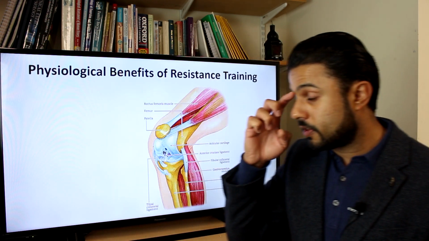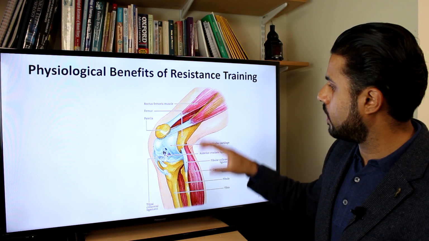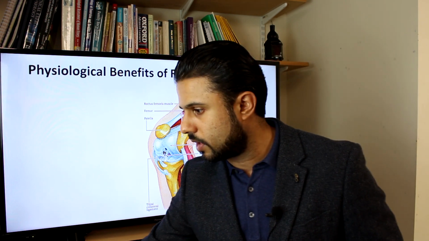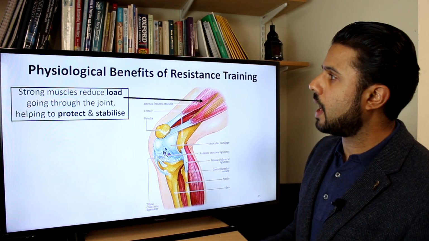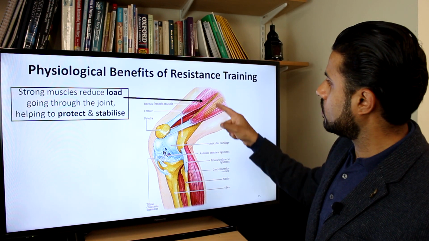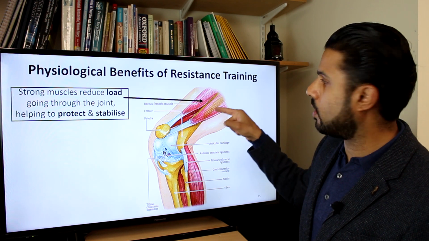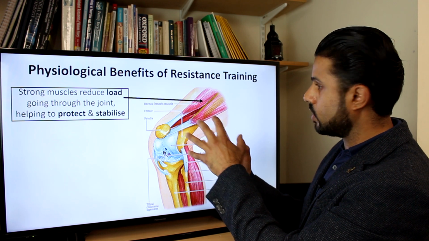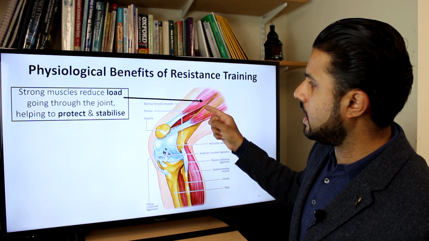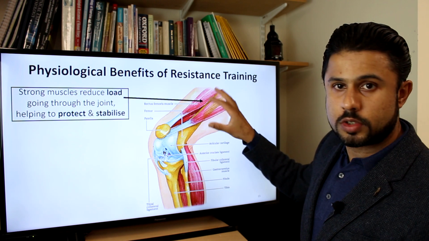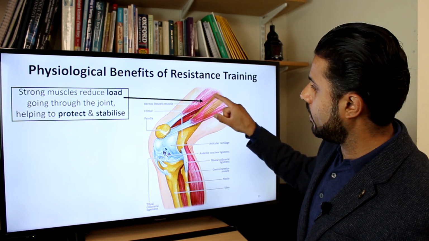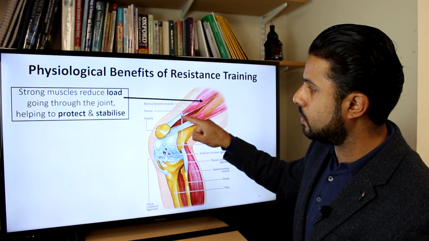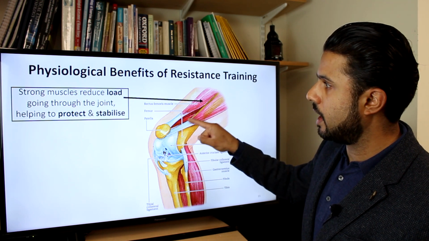In terms of what happens physiologically then, if we take, for example, the knee joint, so knees can be affected in rheumatoid arthritis patients. One of the things that will happen with resistance training is that you'll start to get hypertrophy, myofibrillar hypertrophy of the muscle fibers. So they'll increase in their cross-sectional area, which basically means that they can produce more force, okay, and they reduce some of the tension that goes through the joint because the tendons will also become stronger and thicker, which we'll talk about in a moment.